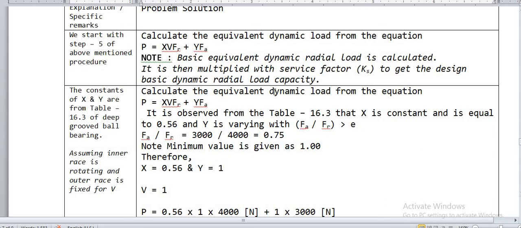If the bearing is already given, then how to estimate the life of the bearing, I explained in problem number 1. If you understand these two problems, that is more than enough for the selection of any type of ball bearing. So do follow the procedures for solving the problem. If you have any doubts, please post comments. I will try to explain further in the next topic.